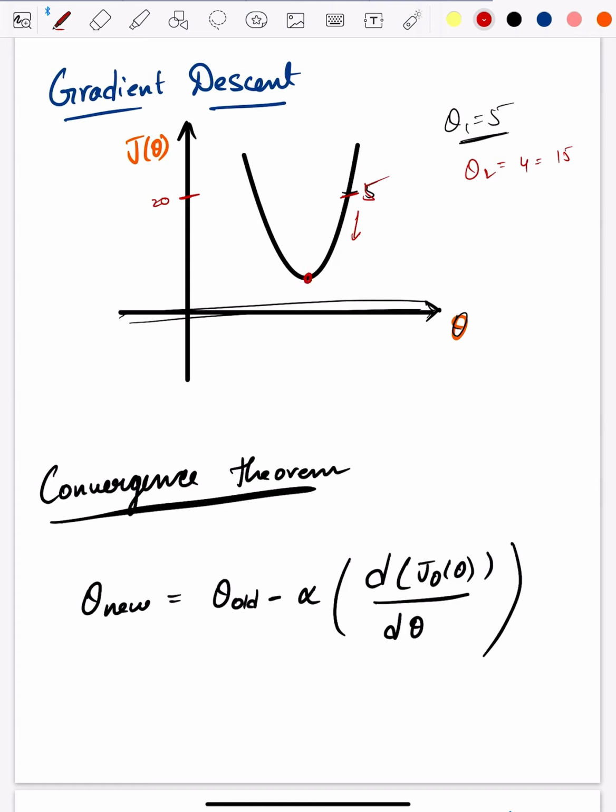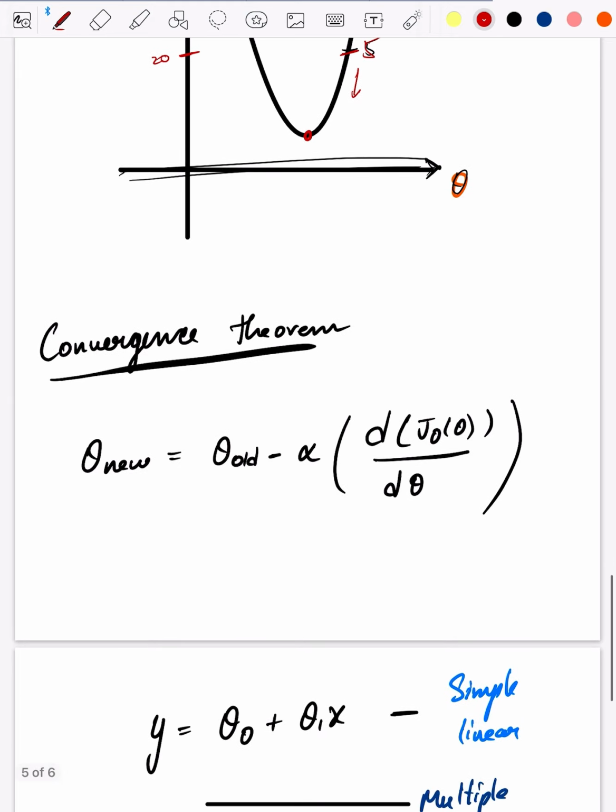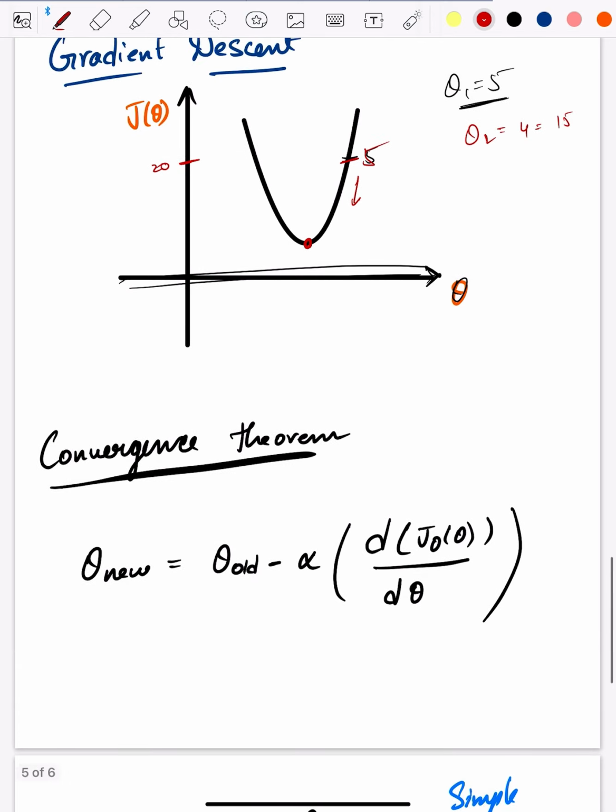In mathematical notation, you explain it as the old theta minus alpha into the change of the slope. You'll stand here and see how this direction is. For instance, the error is 20 here, and here the error is 10.